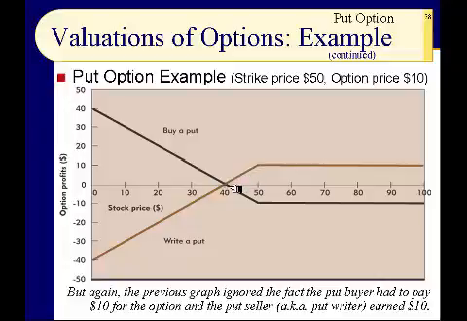And in this case, if the option premium, the option price were $10, the strike price were $50, the break-even point would be $40. So that previous graph was theoretical. It ignored the fact that the put buyer had to pay $10 for the option, and the put seller, the put writer, the put maker earned $10. So go back over and look at these graphs again, and hopefully they will click with you.